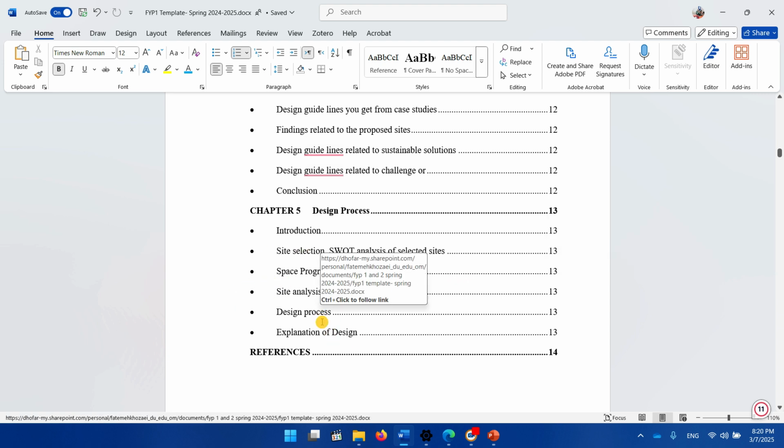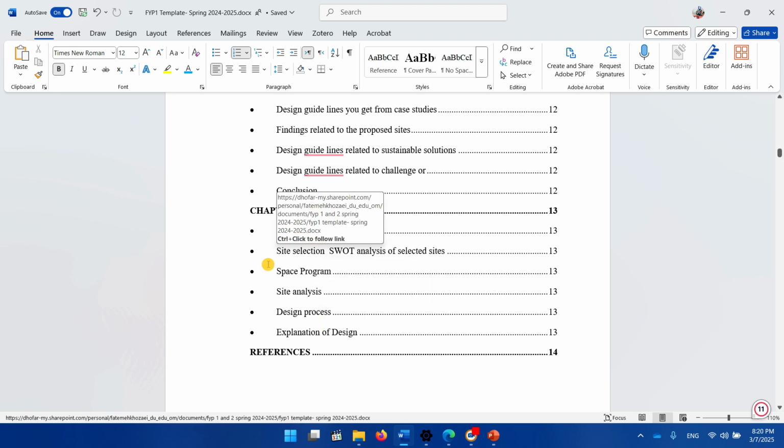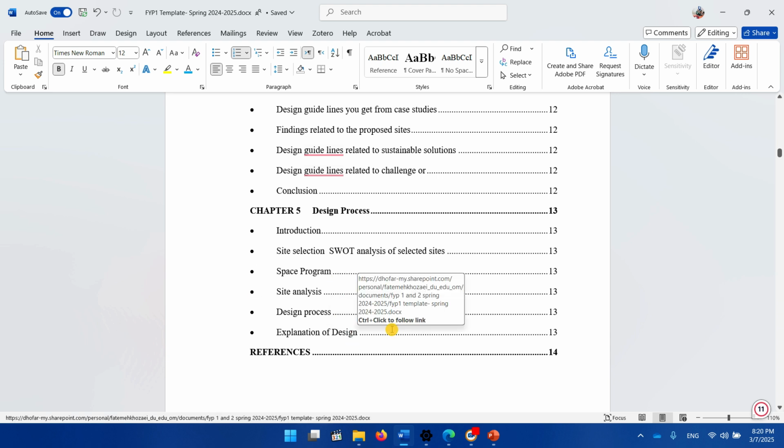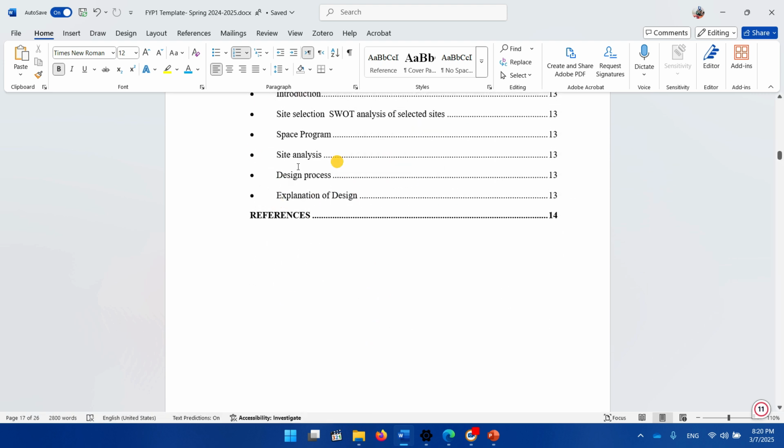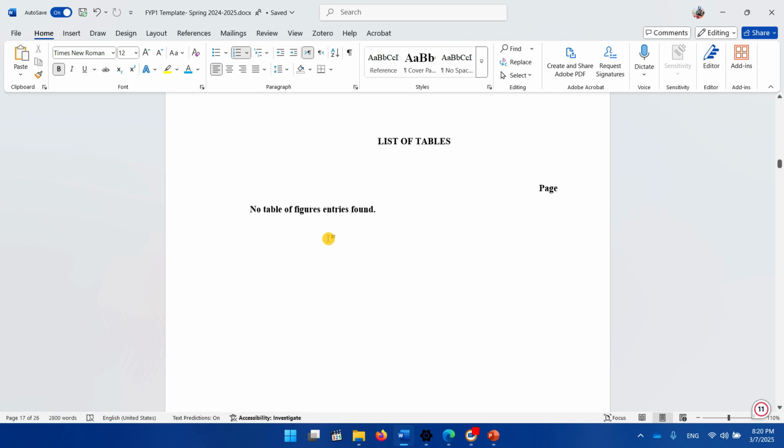Some parts of chapter 5 can be completed next semester when you start your design process, and when you have your plans, elevations and sections, whatever, and design explanation. They are going to be given to you at that time. So later you're going to complete this part, okay?